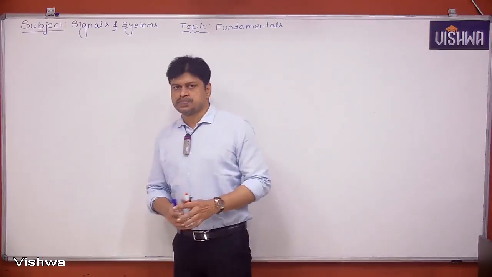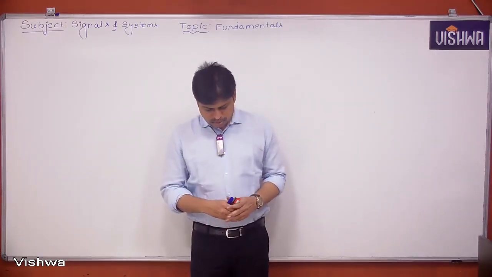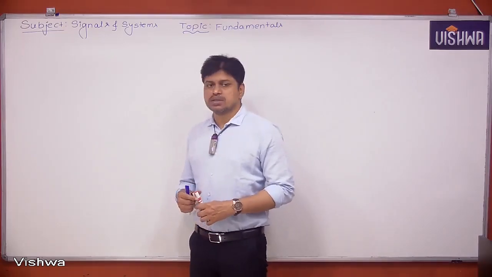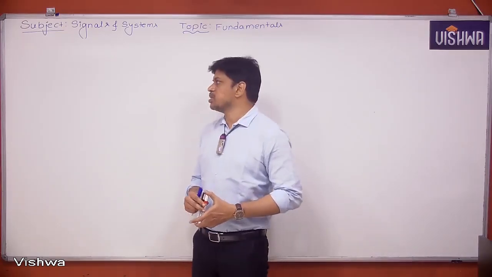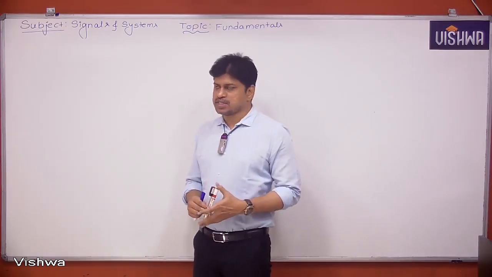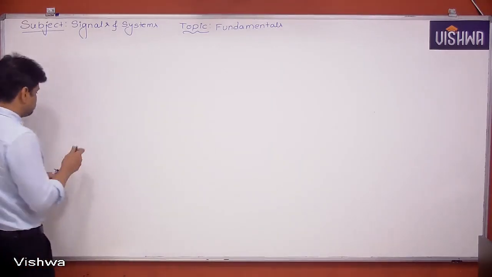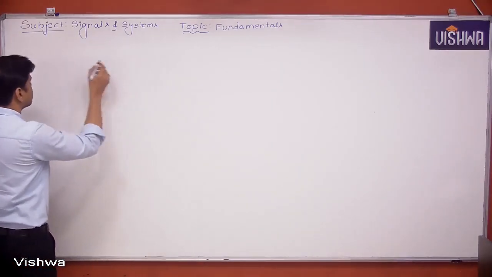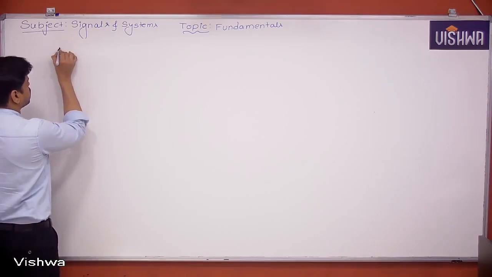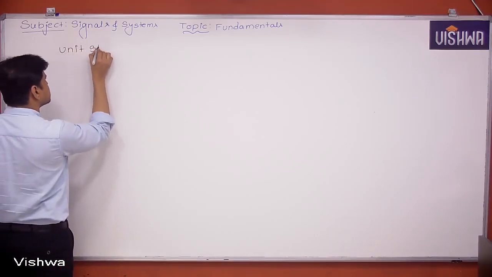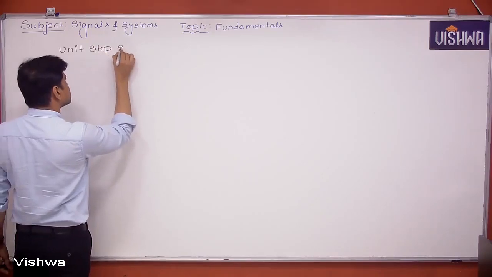Okay, welcome back. In the previous class, we started with discrete time signals. In that, we have seen the impulse sequence. Let's go with the next signal, which is the discrete time unit step sequence.